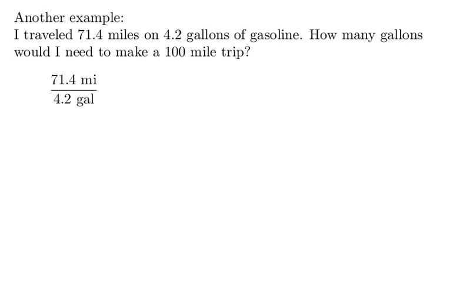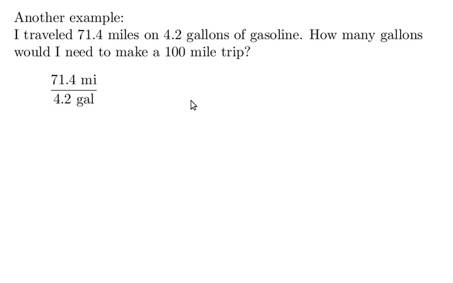So this ratio, the gas mileage of a car, does not change whether you go 10 miles or 100 miles. So that means if I go 71.4 miles, the miles per gallon is going to be the same no matter how far I go.